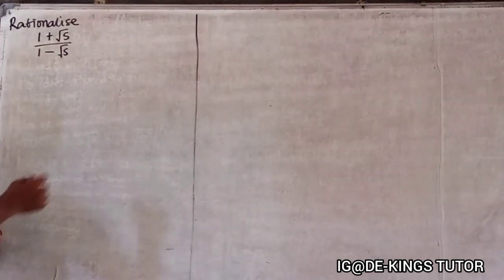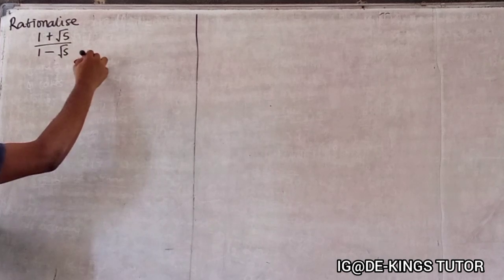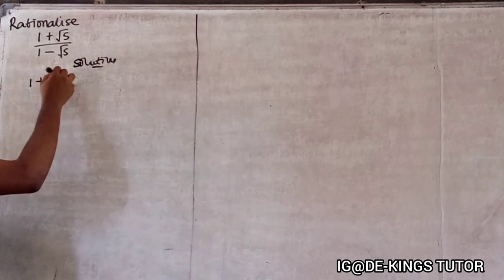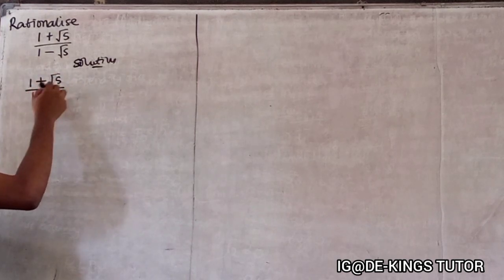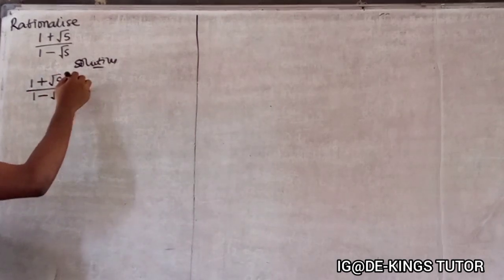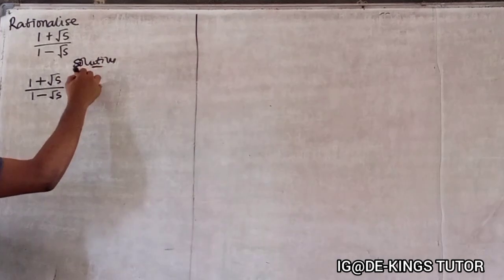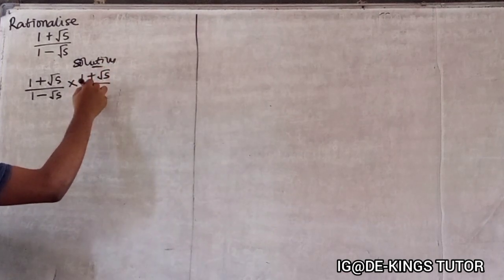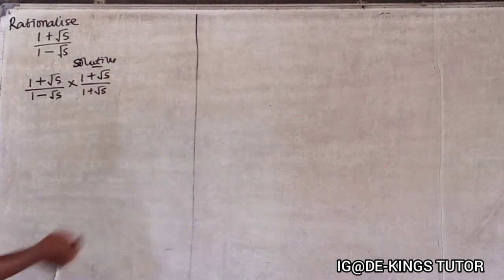So to solve this now, we have the solution. So I have 1 plus root 5 divided by 1 minus root 5 times 1 plus root 5 over 1 plus root 5.